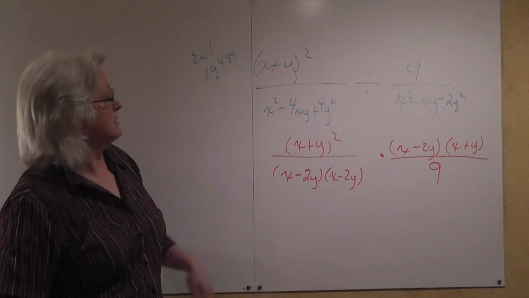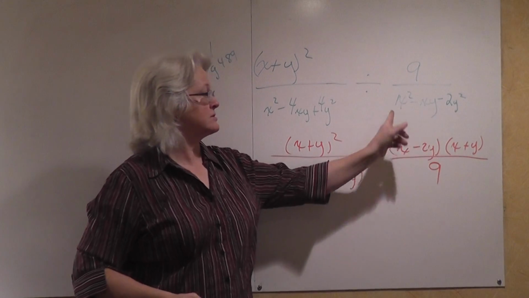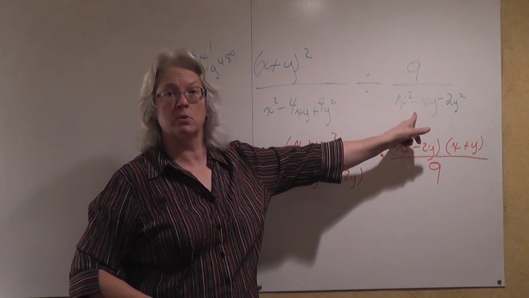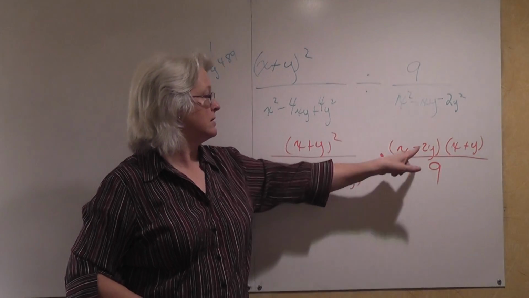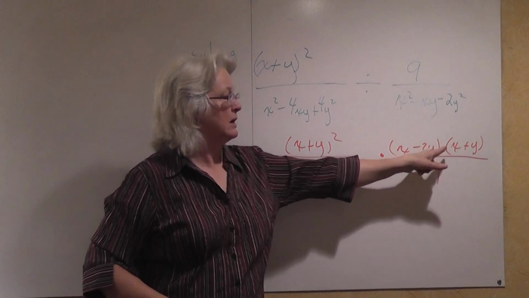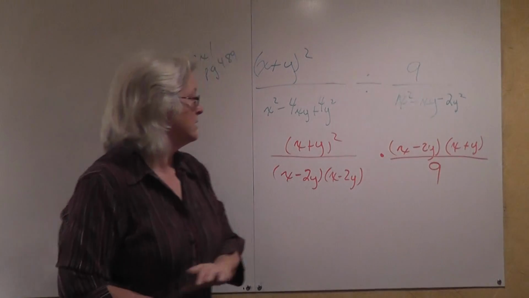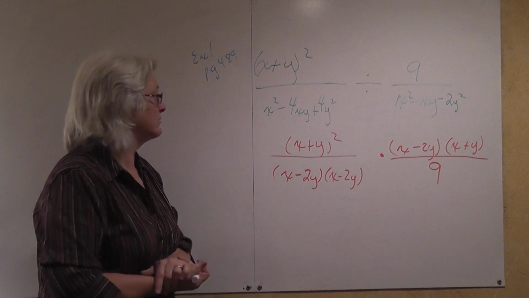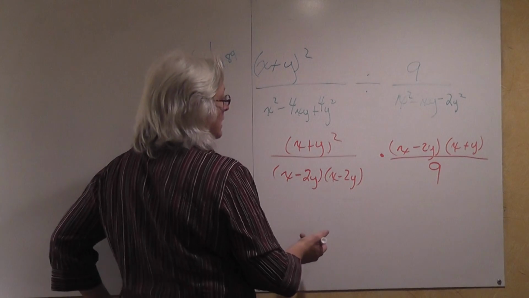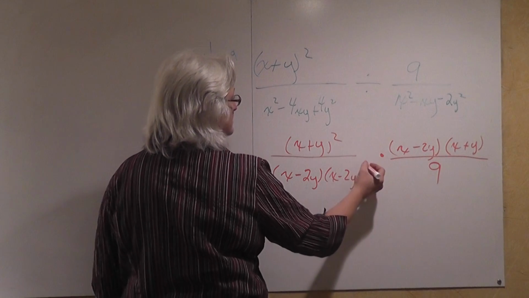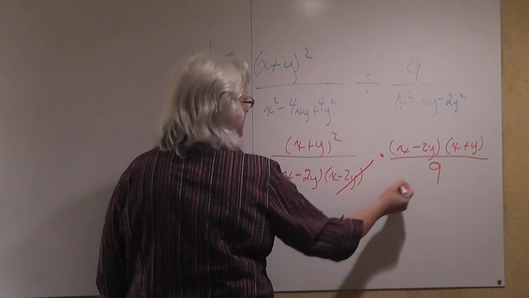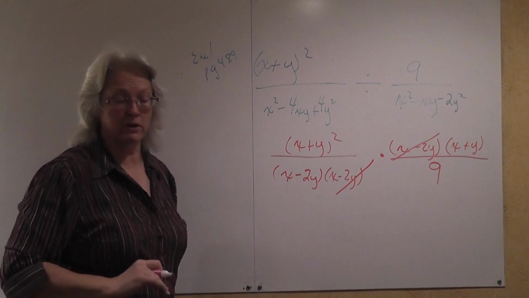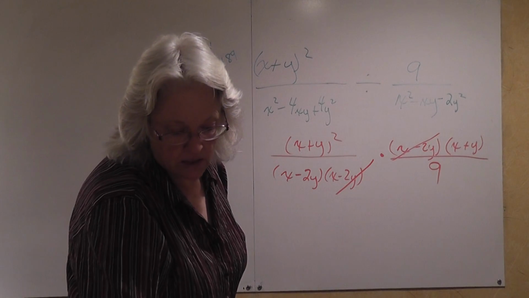Everybody see what I did? x times x is x squared plus xy minus 2xy gives us a negative xy. Negative 2y times a positive y is minus 2y squared. So now you see that we have a factor in common that we can reduce, x minus 2y. Is there anything else going on here that we can cancel?